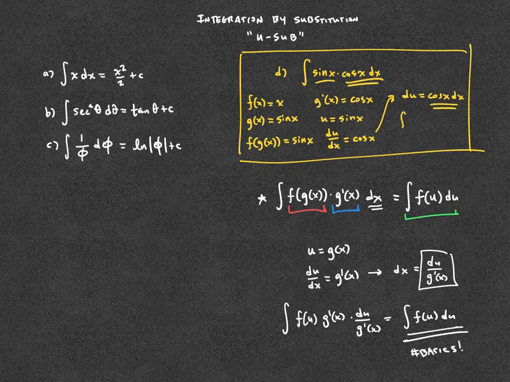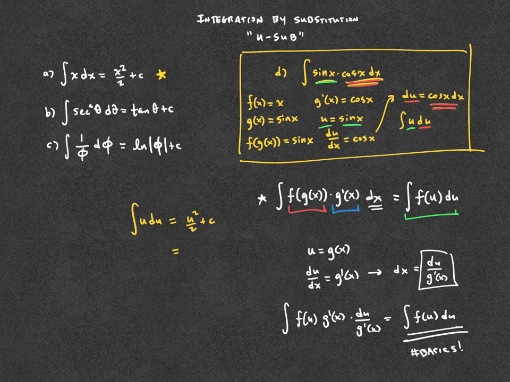So I've got the integral of u du. Let's repeat that: I replaced cosine x dx with du, and I replaced sine x with u. I know I can integrate u du. I actually just did it up here in terms of x. That's going to equal u squared over 2 plus c.